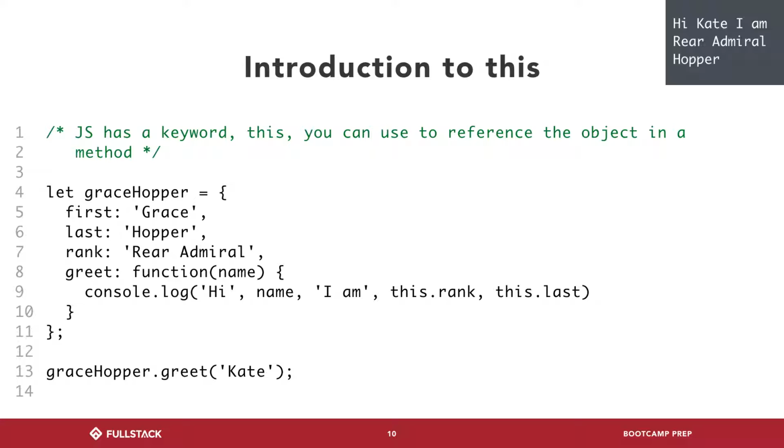Therefore, this is equal to the gracehopper object. So this.rank is almost like a variable name that is a representation of Grace Hopper. This.rank is the same as gracehopper.rank, and this.last is the same as gracehopper.last, because once again, this function belongs to the Grace Hopper object.